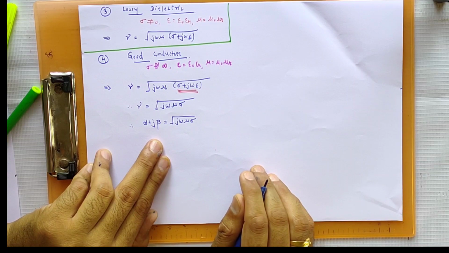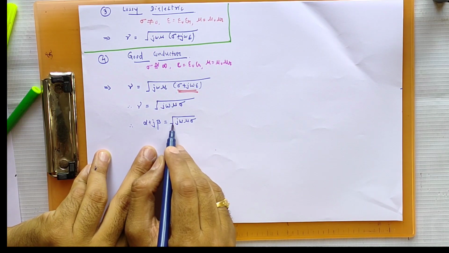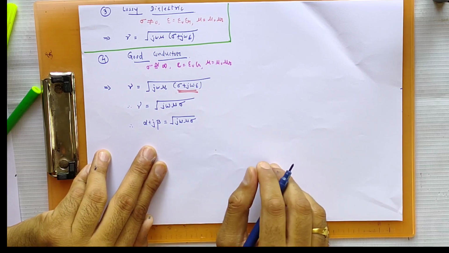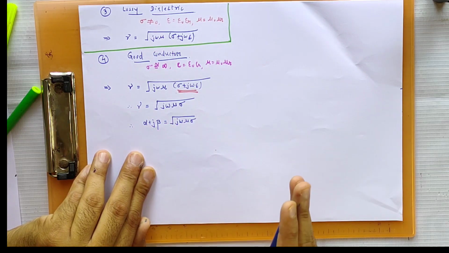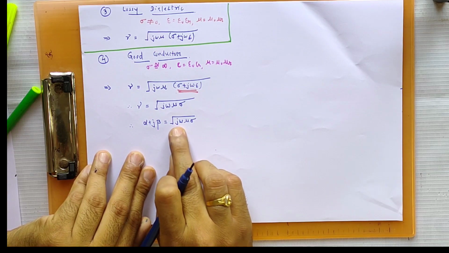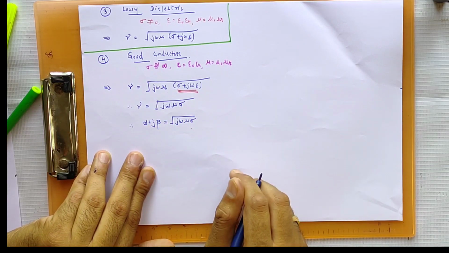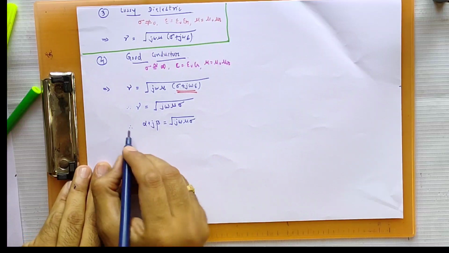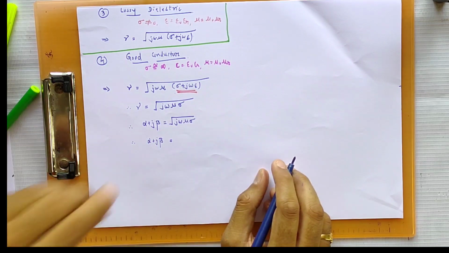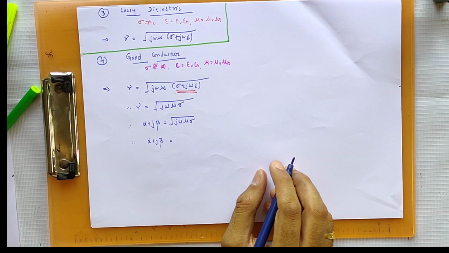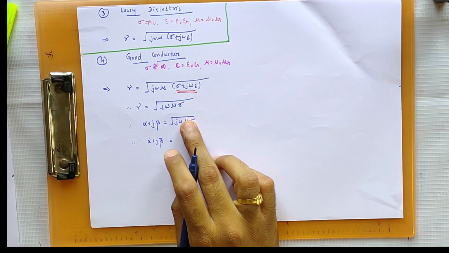Compare the real part and imaginary part. It is not possible. Why? Because the j term is present inside the square root, so you cannot compare it. If it were outside the square root you could easily compare, but the imaginary term is inside the square root. So first we have to solve this one. Alpha plus j beta equals, I have to write this in polar form.